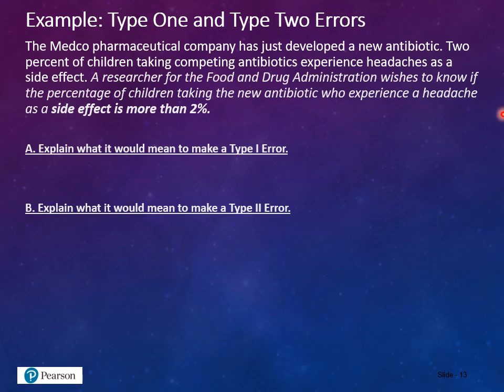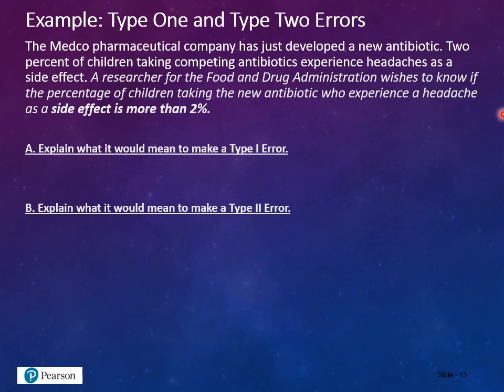So let's look at an example about type 1 and type 2 errors. The Medco pharmaceutical company has just developed a new antibiotic. 2% of children taking competing antibiotics experience headaches as a side effect. This is the same example. A researcher for the Food and Drug Administration wishes to know if the percentage of children taking the new antibiotic who experience a headache or a side effect is more than 2%.